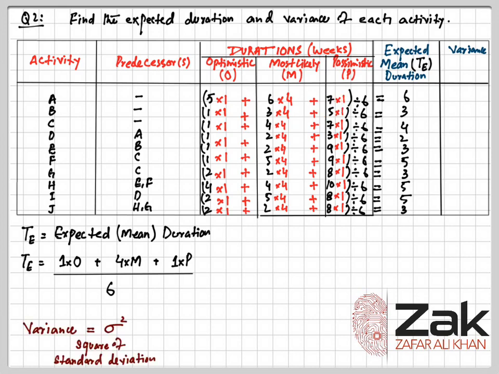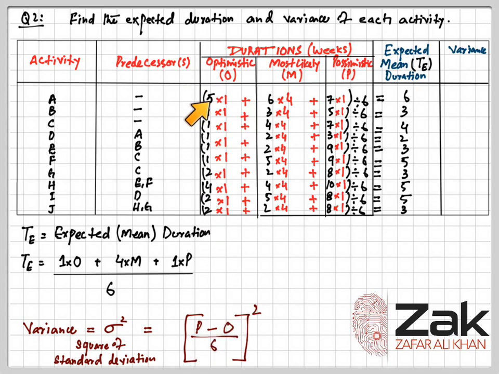Now we have variance. For variance, the formula is the square of standard deviation. So that is actually pessimistic time minus optimistic time, divided by 6, whole square.